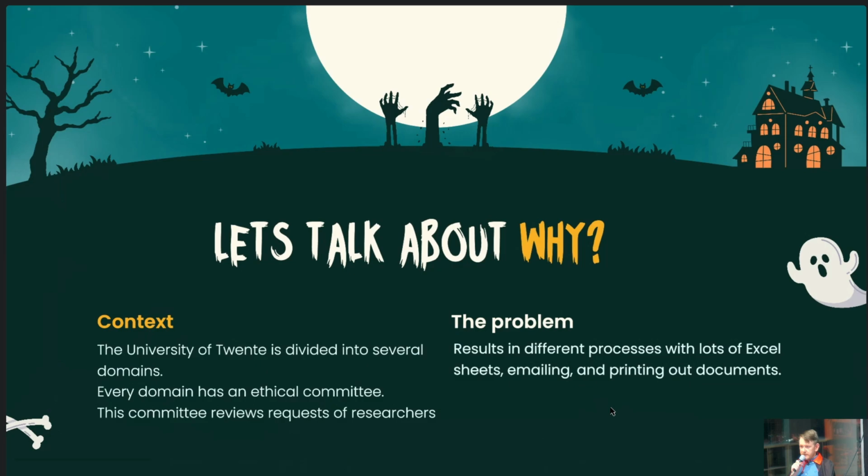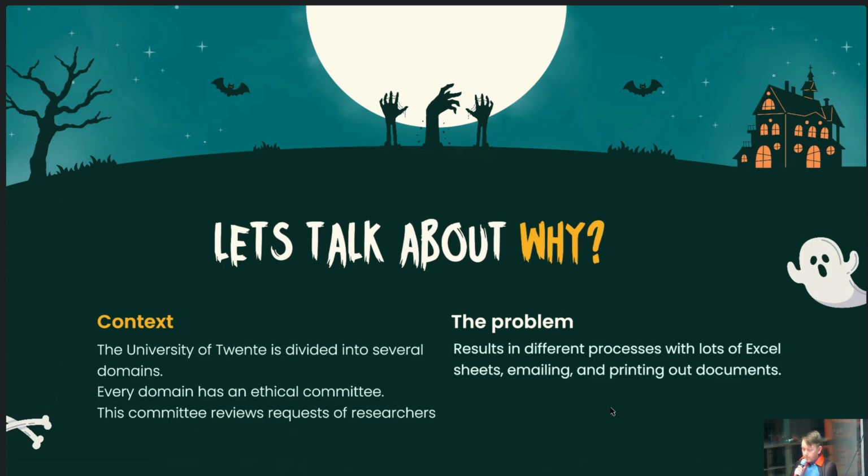Every domain had their own way of doing those questionnaires, doing their research into what problems you could have with that. What they wanted was one straight process where you would just go to one portal, pick your domain, fill in the questionnaire, and everything would be handled from there. So that is the problem that was solved with this software.